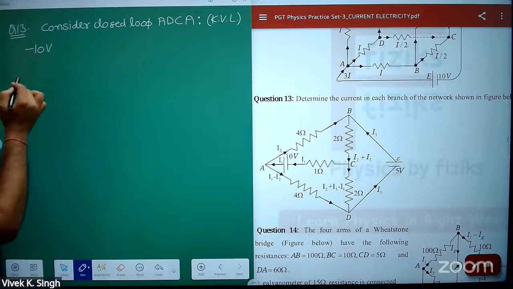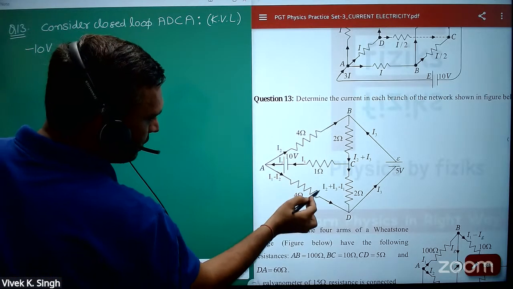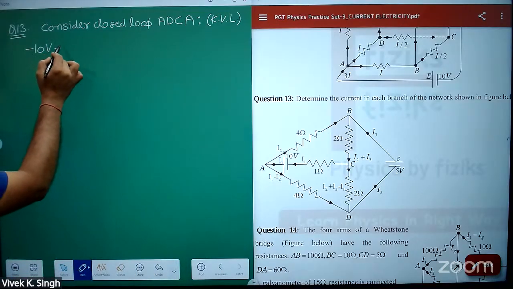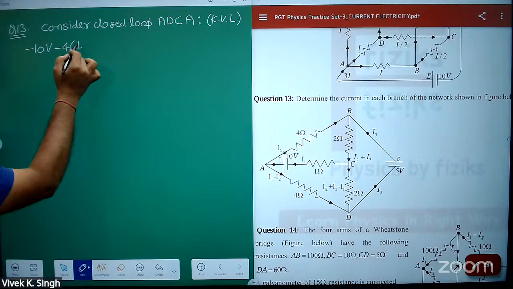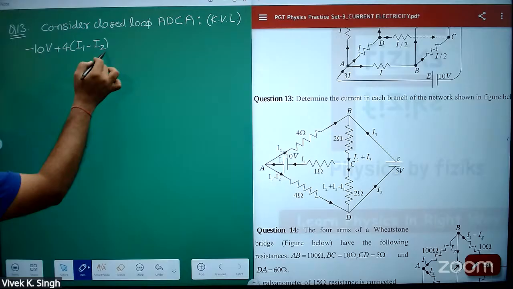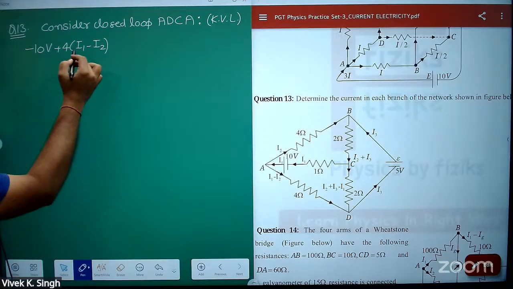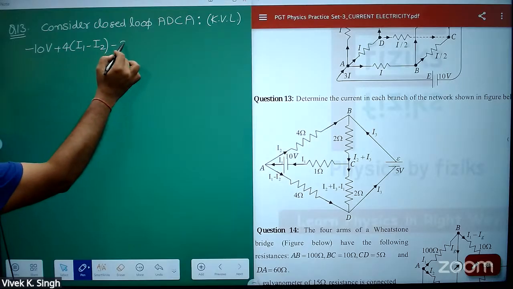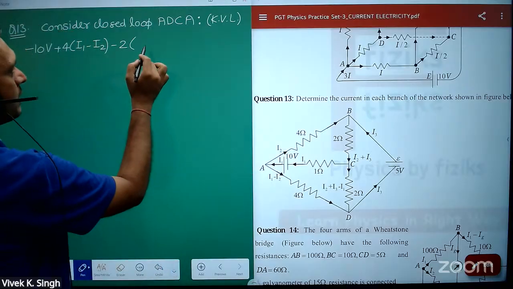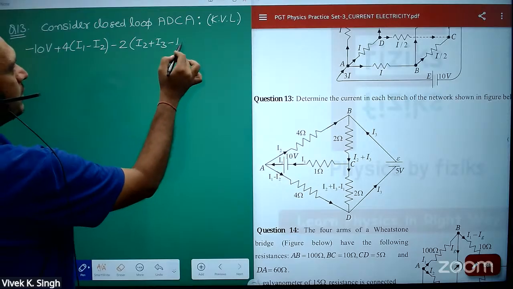Then, because I'm taking this to be higher potential and this is low potential, this is the direction of current. So then minus 4 times I1 minus I2, plus 4 times I1 minus I2. Then you have minus 2 times I2 plus I3 minus I1, because you are moving in this direction.